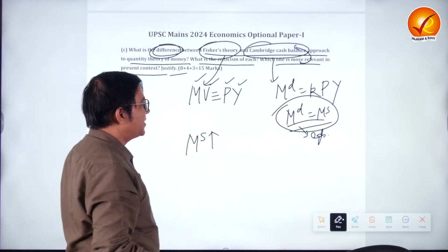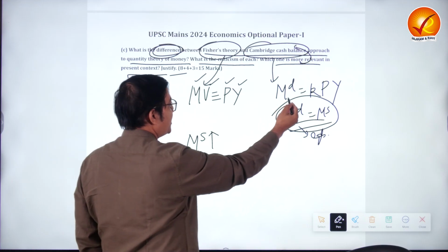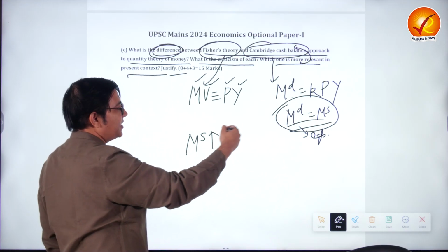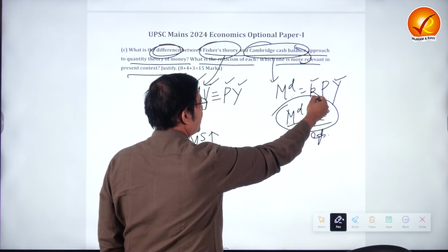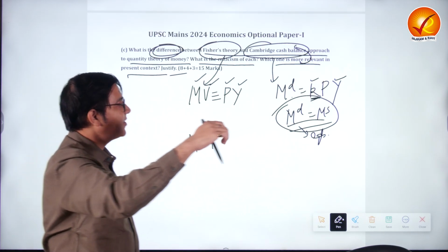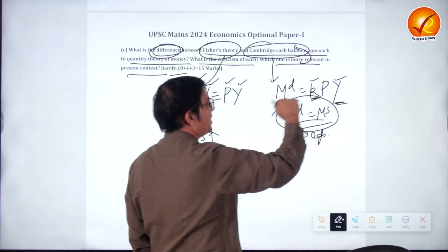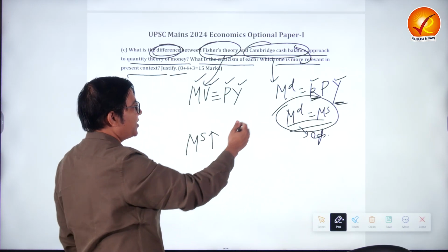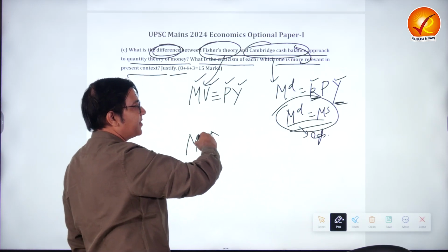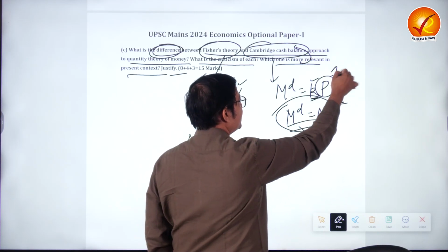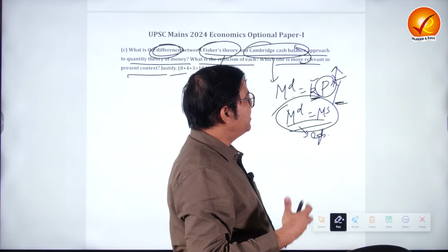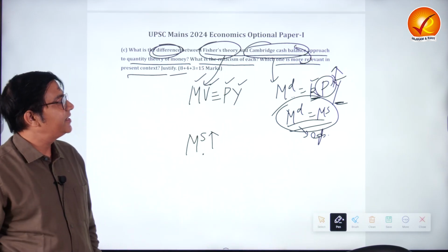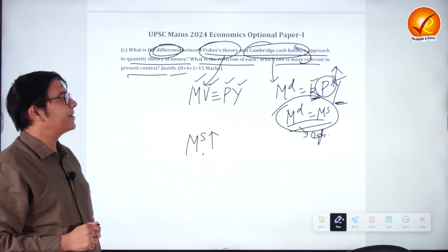Then for MD to come to that level with the same K and Y, because K is a behavioral constant which is not changing very often, and Y is also not changing in the short run, P must increase in order to bring MD to the higher MS level. That is the argument for why an increase in money supply leads to higher inflation or higher prices.